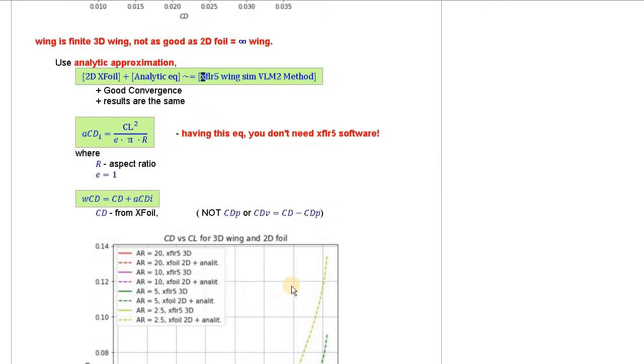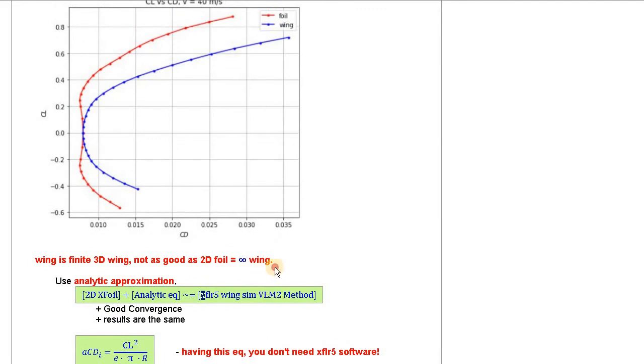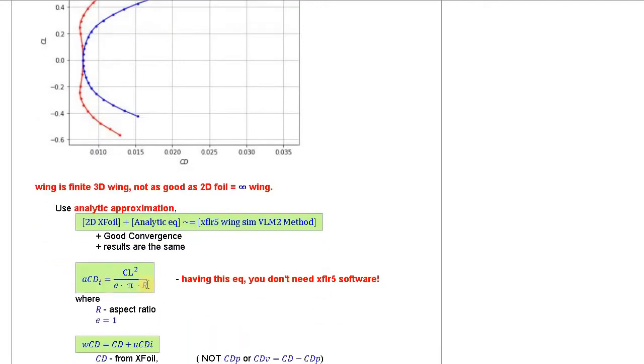So at least for simple wings, for the square wing, we're going to have the same results from this analytical equation plus the results from the XFoil software as the results obtained from the XFLR5 software using the VLM2 method or similar methods that are available in this software.